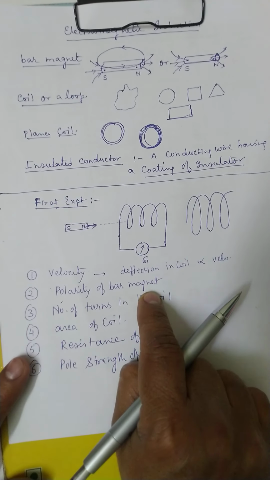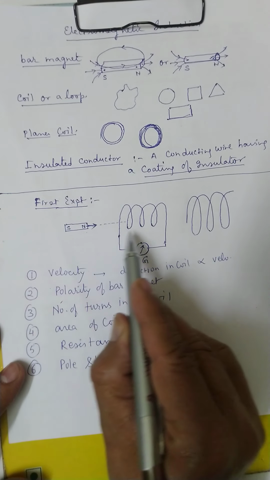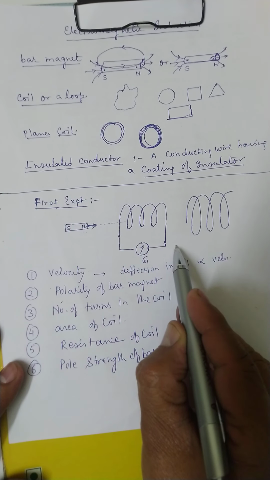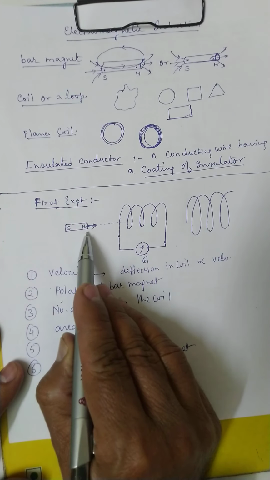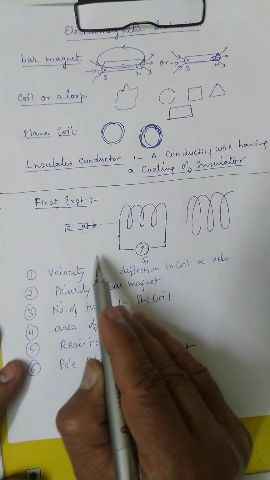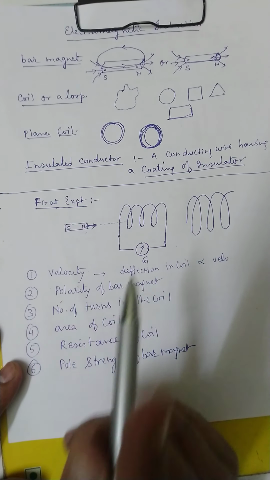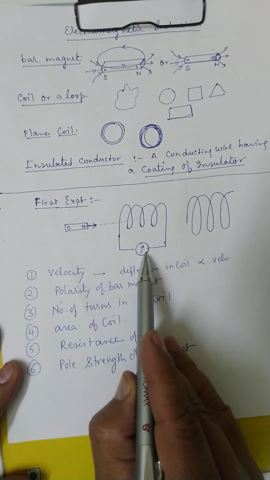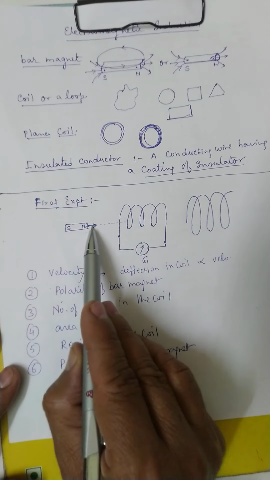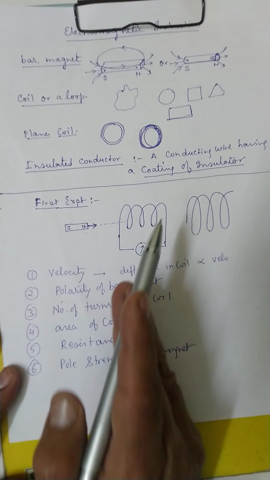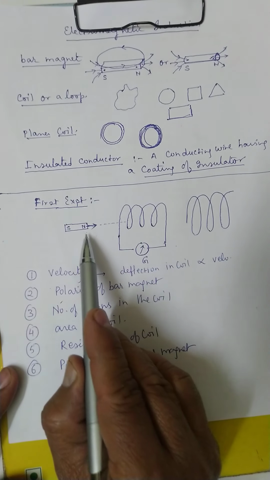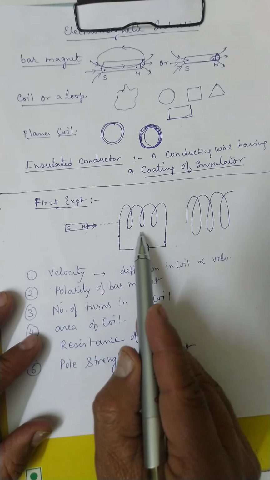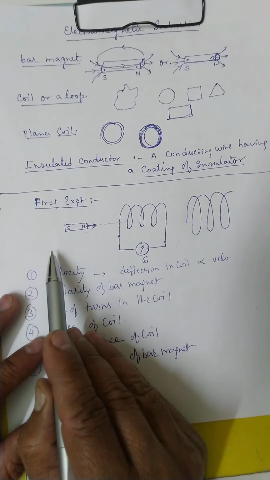Polarity of the bar magnet. Now come, if the north pole is brought close to the coil, suppose the deflection is rightward, then if the same north pole is taken away, the deflection will be leftward. It means the magnitude of deflection depends only upon the velocity, but the direction of deflection depends upon which pole is being taken towards the coil or taken away from it.